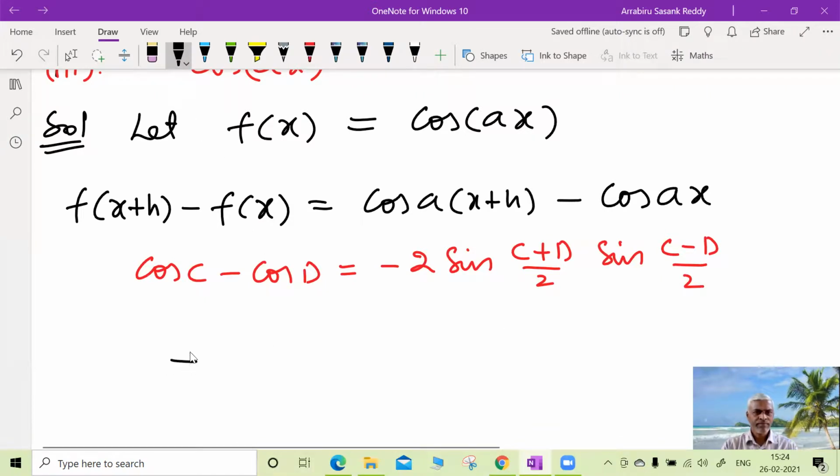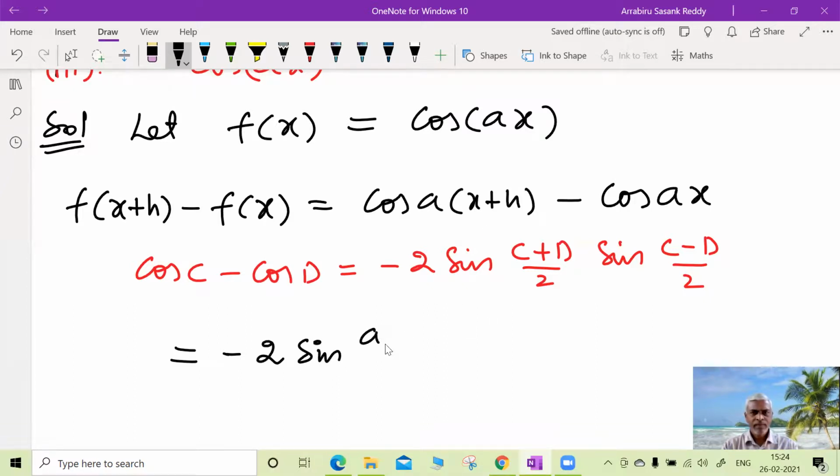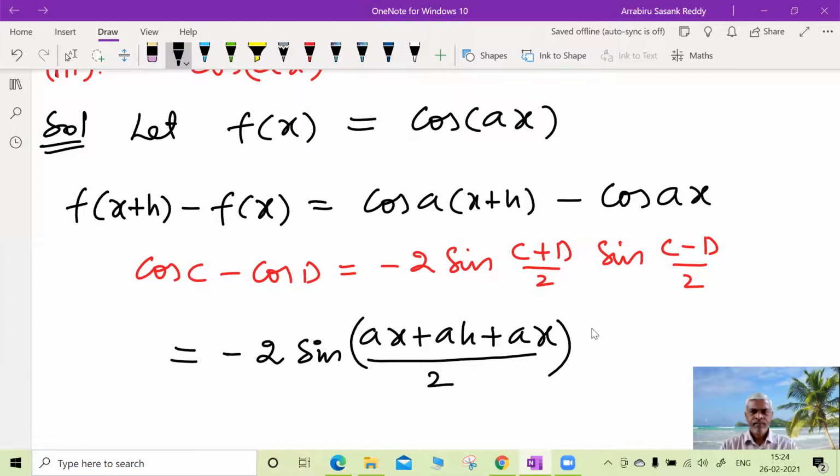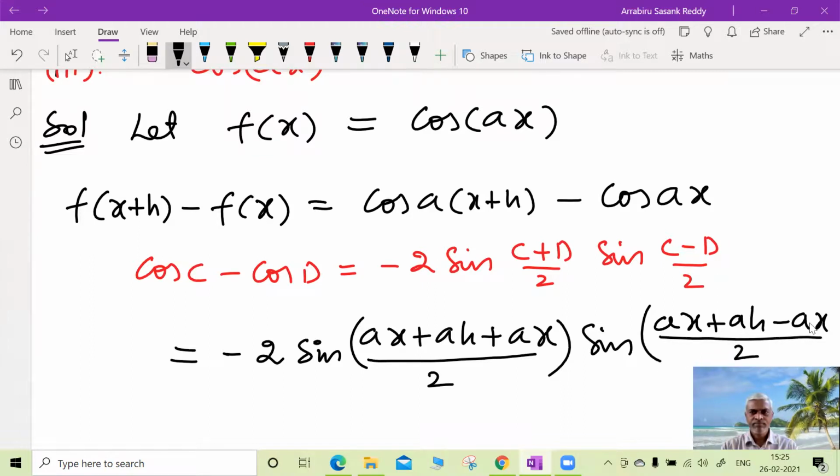Using this formula, this can be simplified. 2 sin c plus d, where c is ax plus ah and d is ax, by 2.